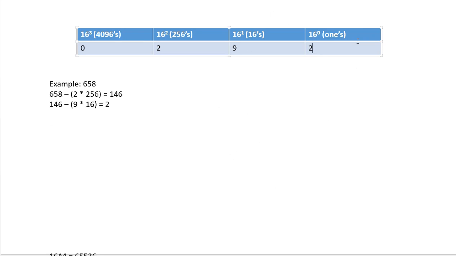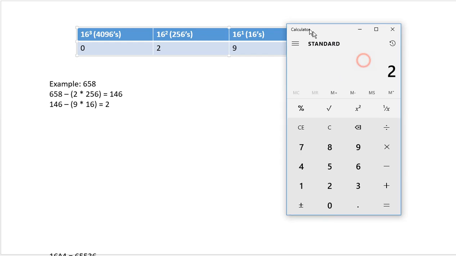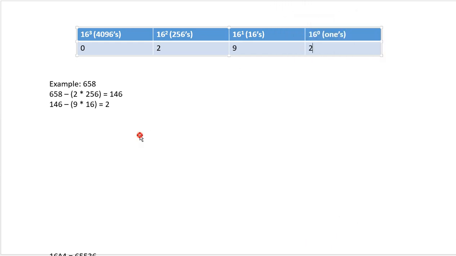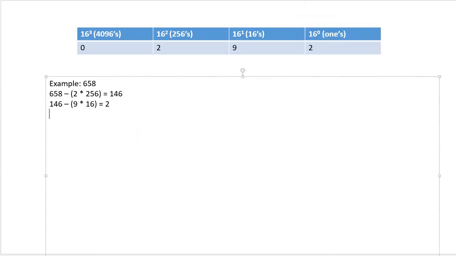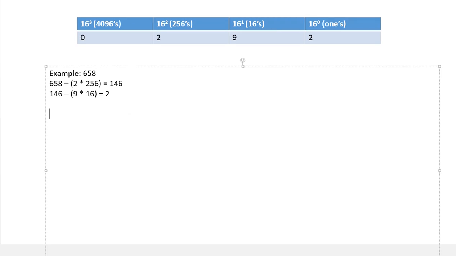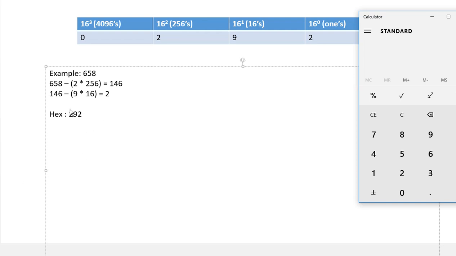And I can prove this. Thankfully, Windows 10 comes with a handy updated calculator app. Our final notation in hex for the number 658 would be 292, apart from if we're using it in a program, we'd have 0x in front, but we've stated that this number is hexadecimal.